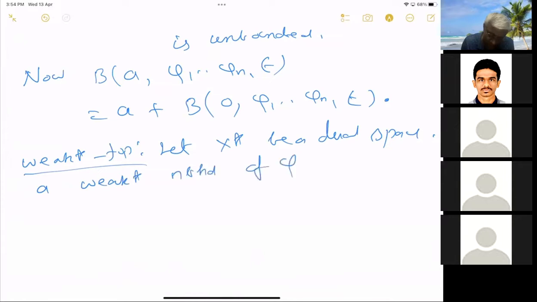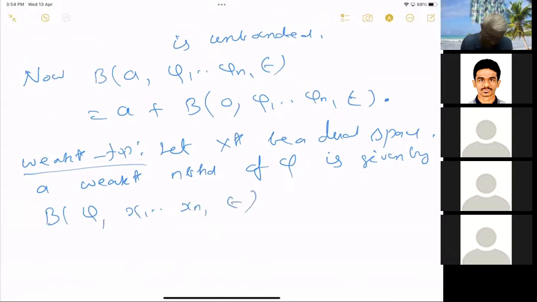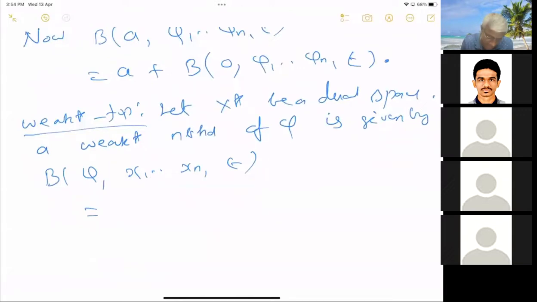of phi is described by some B(phi; x_1 up to x_n; epsilon). The same way I described earlier, you can write it. This is an exercise: you can go through the same argument and it will look like this. Maybe I call it phi naught.